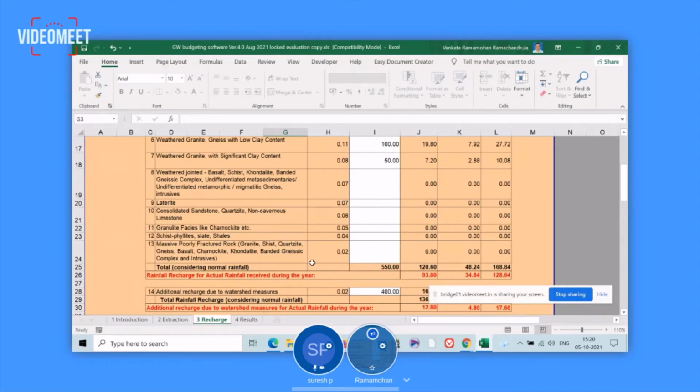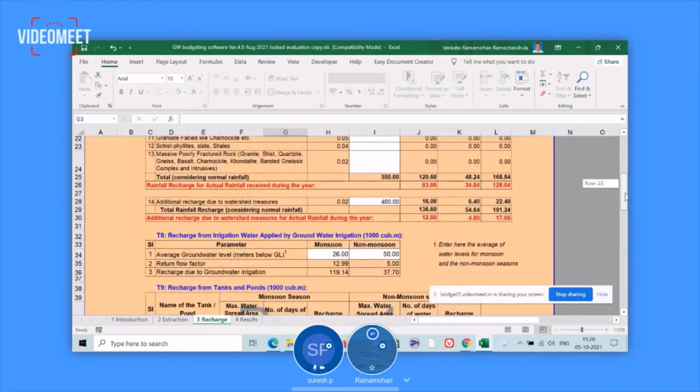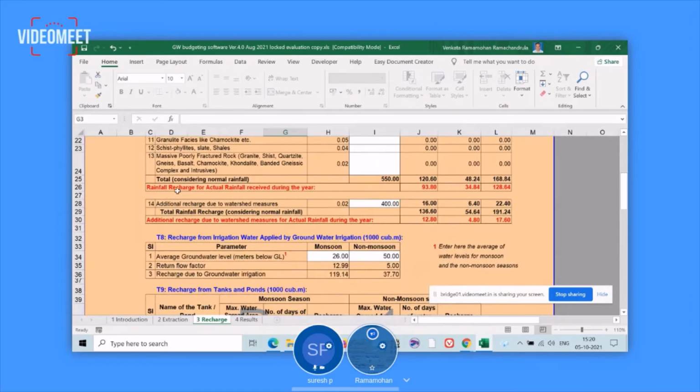So we have to take long period average rainfall. But along with that, we have also done rainfall recharge for the actual rainfall received during the year. This is an additionality that we added. So you can also see the recharge for the actual current year rainfall, and compare it to the normal rainfall.